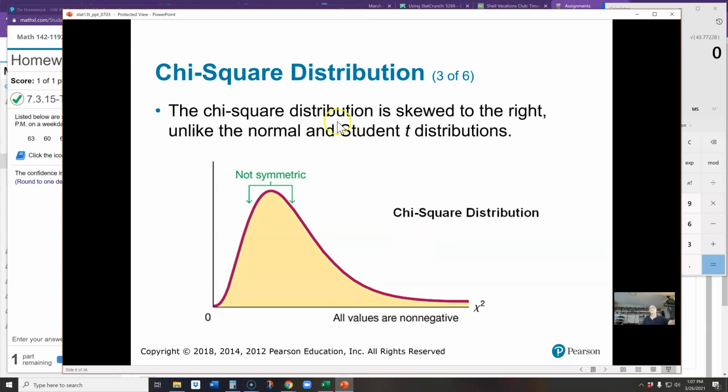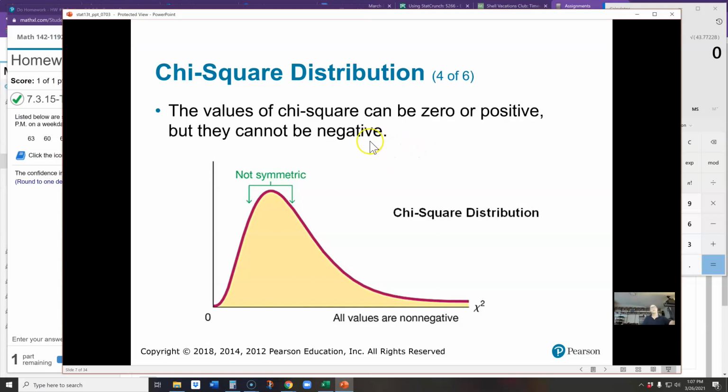Well, let me read off the top. The chi-square distribution is skewed to the right, unlike the normal and student t distributions. The values of the chi-squared can be 0 or positive, but they cannot be negative. You can see from the scale of the graph that the starting point is 0. And again, chi-squared standard deviation measures how far apart the data is spread.